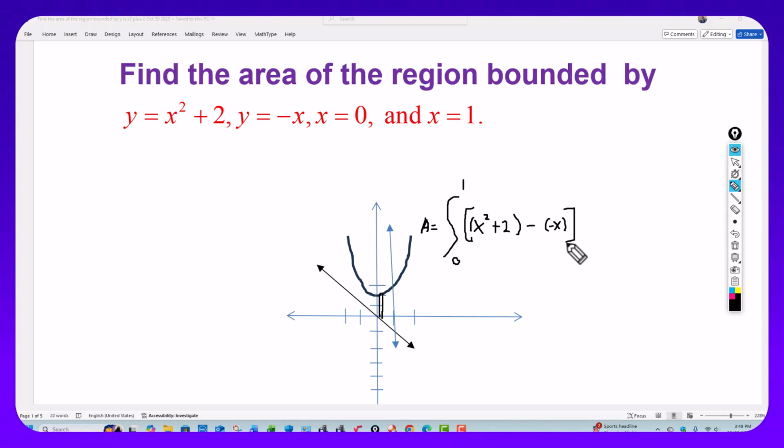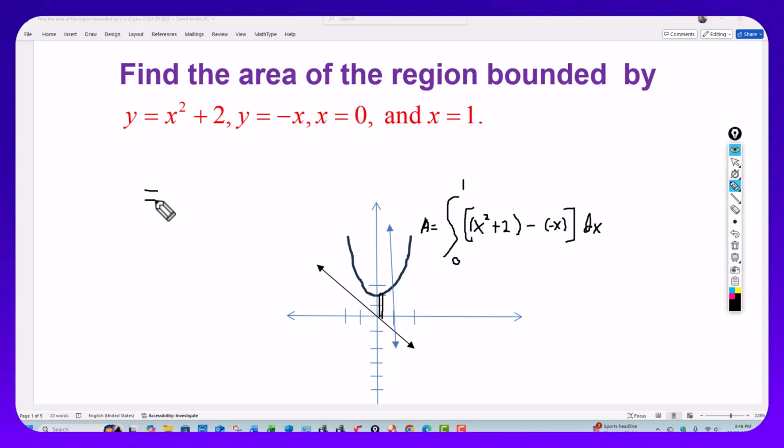Remember, when we do the area using the definite integral, we're really taking an infinite number of little rectangles, and we go from 0 to 1, adding all those pieces, so all the areas of each rectangle. The dx represents the general width of each of those. We can continue over here.